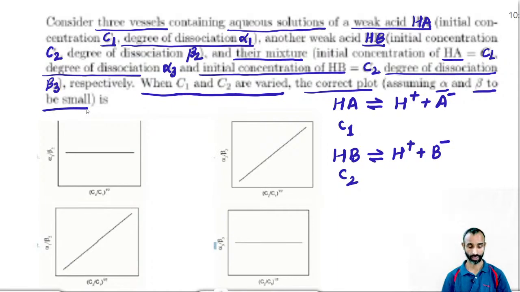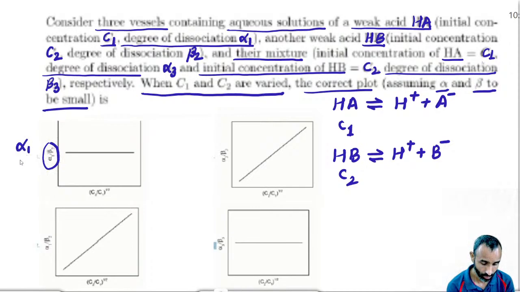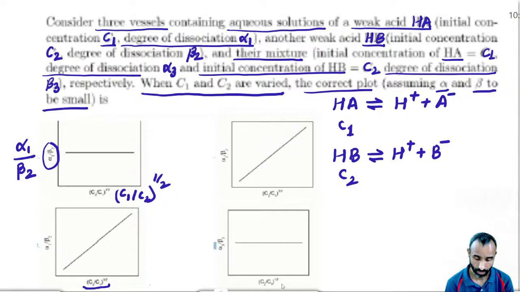So 3 plots are given. The first is alpha 1 by beta 2 versus C1 by C2 raised to power half. In the abscissa, there is C1 by C2 only.